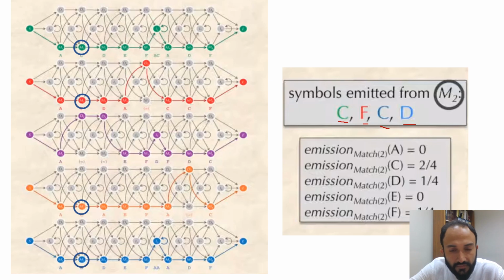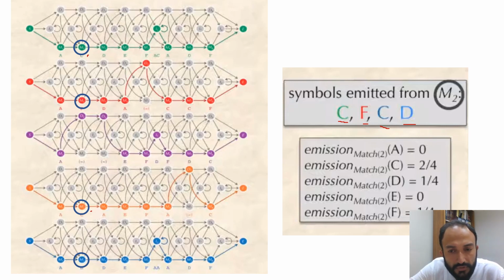If we look closely into the details, you can see that C is occurring twice.